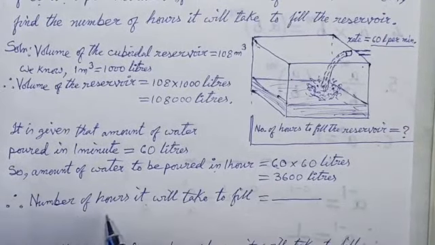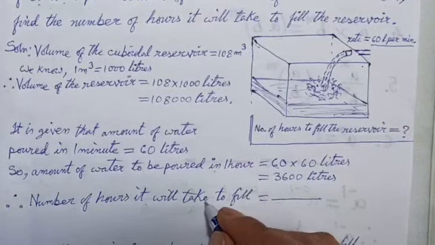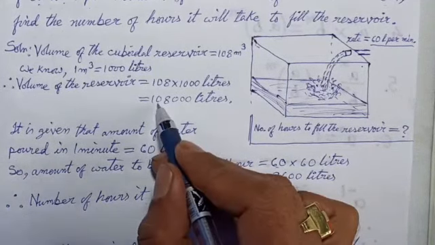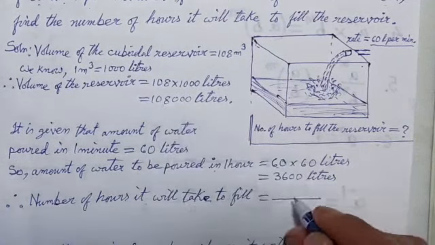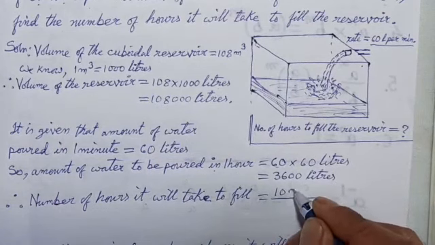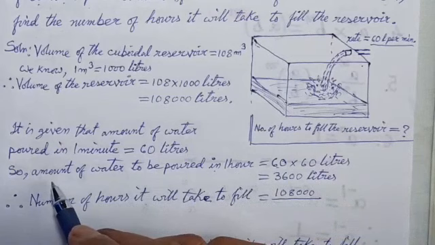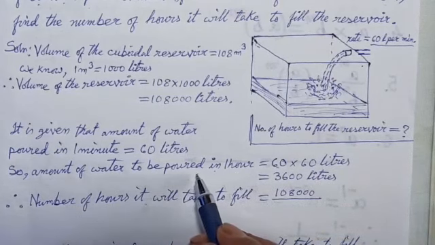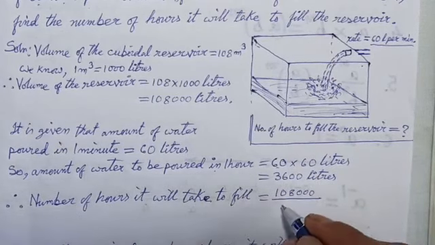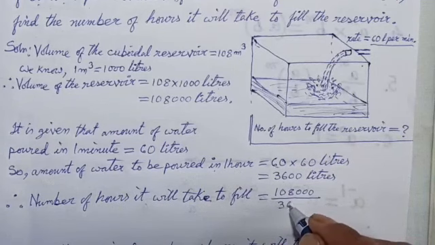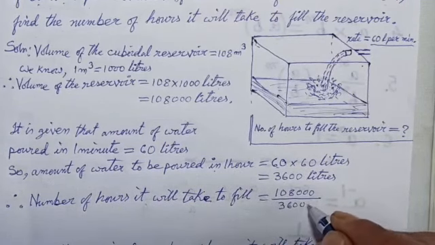Therefore, the number of hours it will take to fill. So this is the capacity of the reservoir, 108,000, and the amount of water to be poured in 1 hour is this, so this will divide, and this will be now hours.